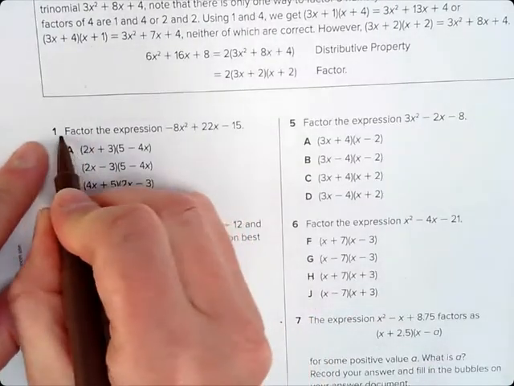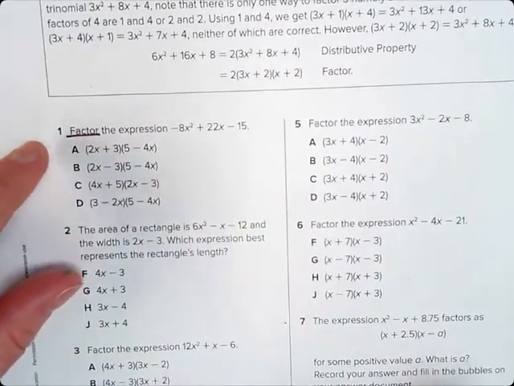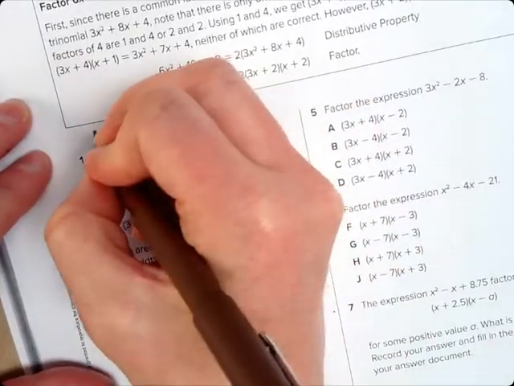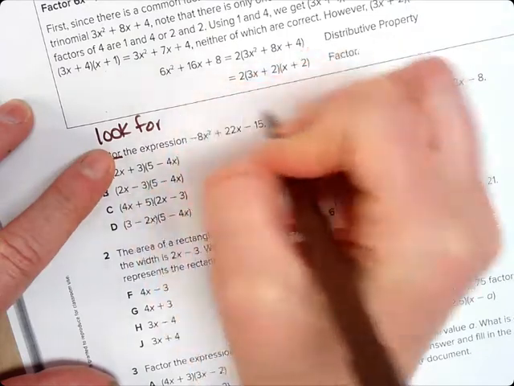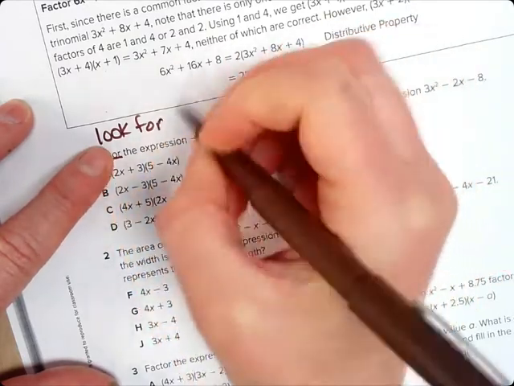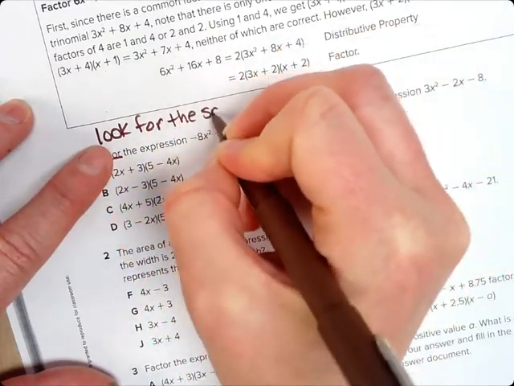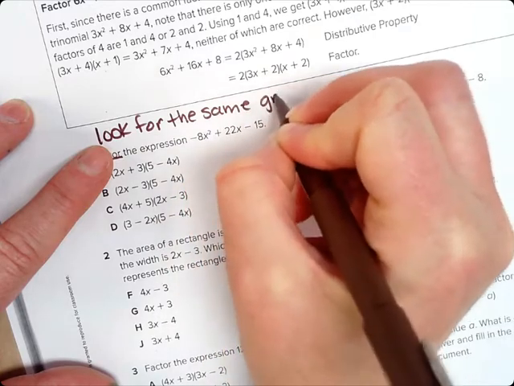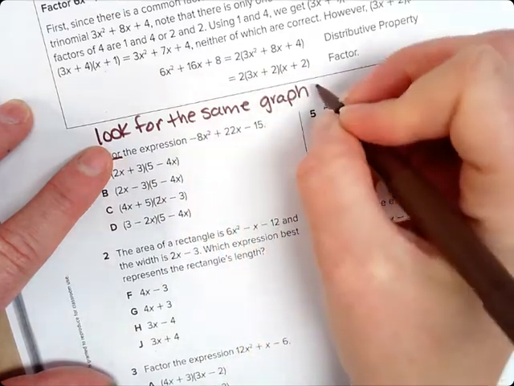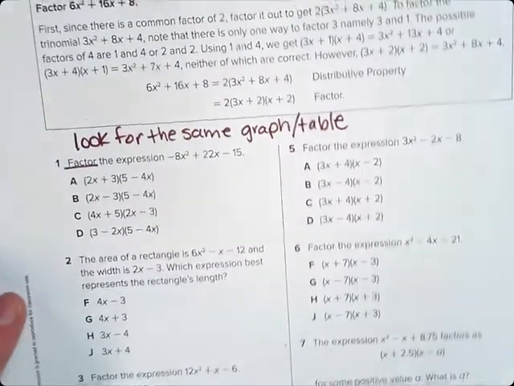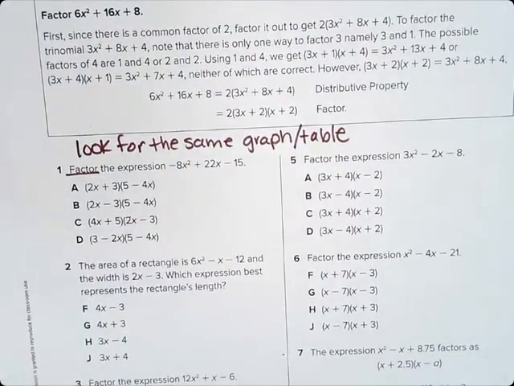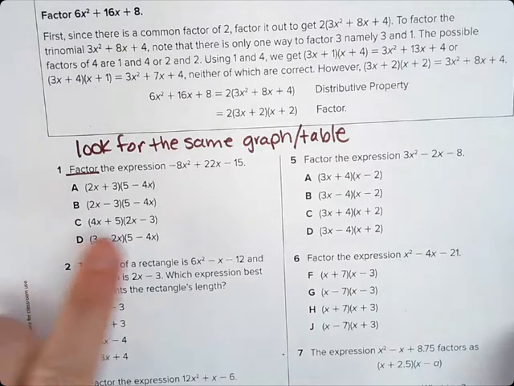If we are factoring, we are getting an equivalent form. We want the same equation or graph or table. So when we factor, we'll see that they are the exact same.